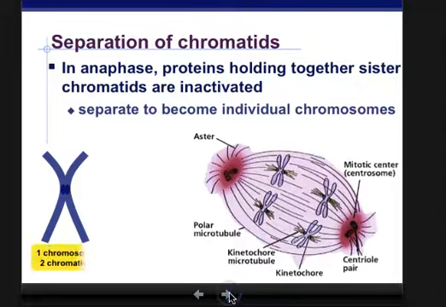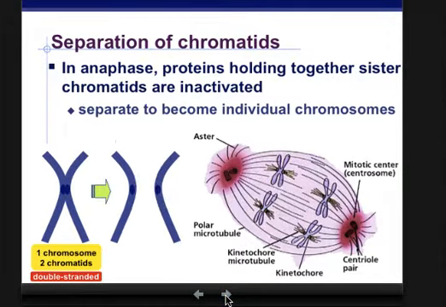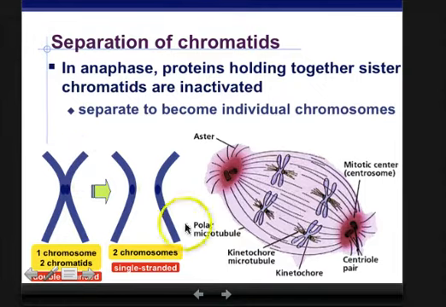So this picture is one chromosome, two chromatids. It's double-stranded, and then it transitions to being two chromosomes that are single-stranded. So this shape and this shape are still chromosomes, but this chromosome is composed of two chromatids, and this chromosome is one chromosome, and this chromosome is another chromosome that are single-stranded.